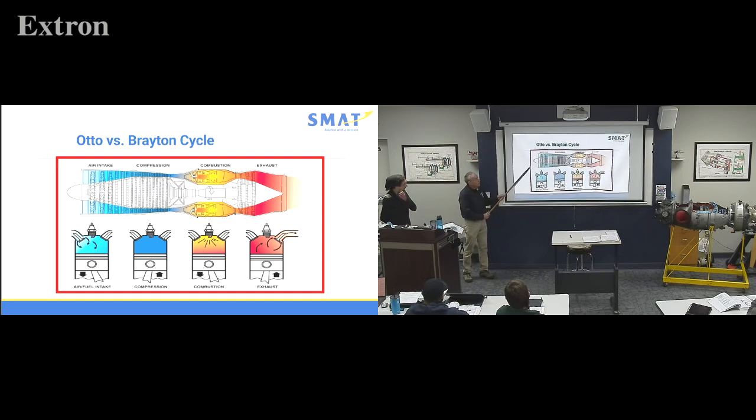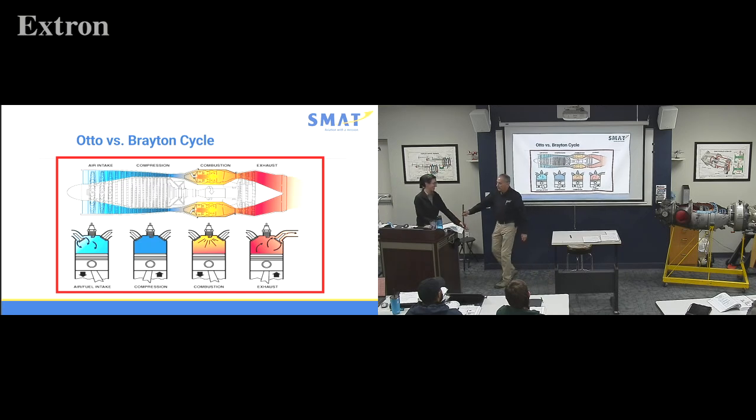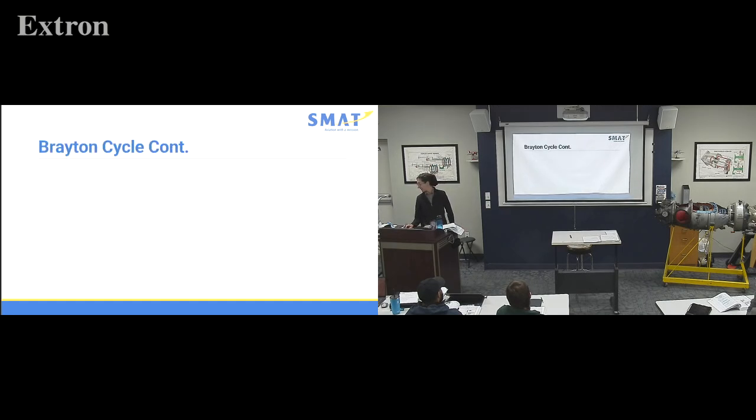That's typically a divergent duct right about here. So the air comes in, it'll be a divergent duct before it comes into the compressor blades. You'll see that in the inlet section. Any other questions?